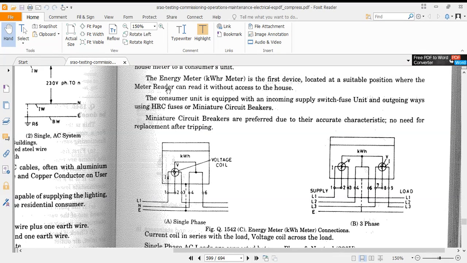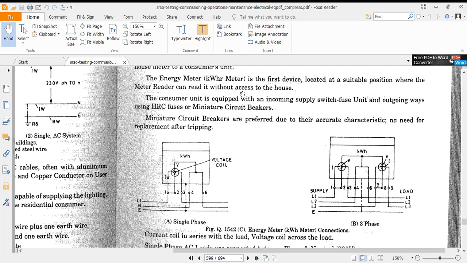Earlier, the meters used to be inside the house. Recently, the government has taken a step to keep the meters on the outside wall of the house. I think many of you might have observed this.